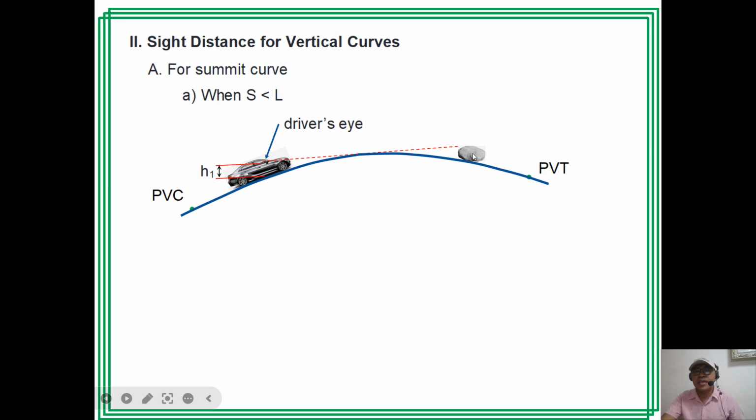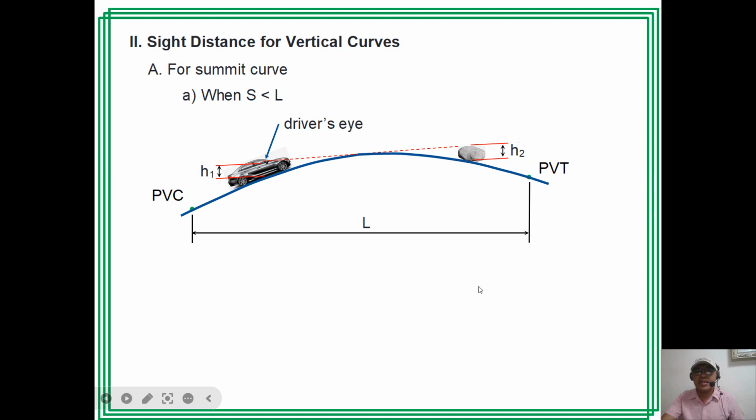Then let us say we have the object here, the obstacle on the highway, and the height of the obstacle is H2 from the surface of the road vertically.